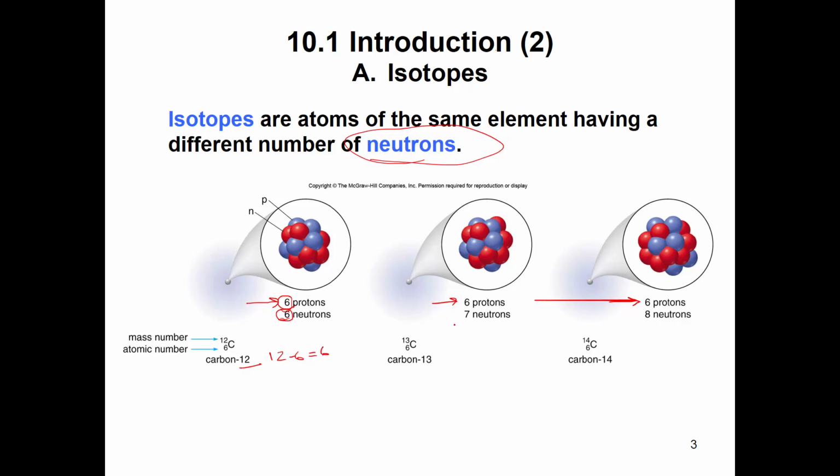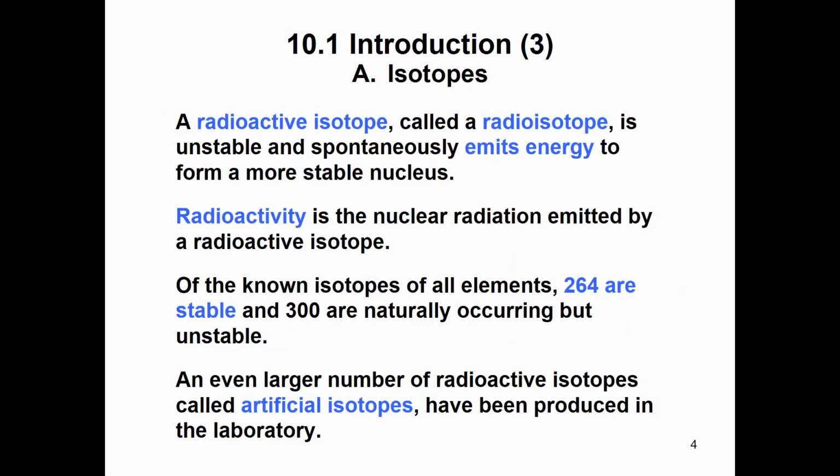Carbon 13 has 7 neutrons, because 13 minus 6 is 7. And then carbon 14 has 8 neutrons. And so they're all carbon, but they're different isotopes of carbon because they vary in the number of neutrons.